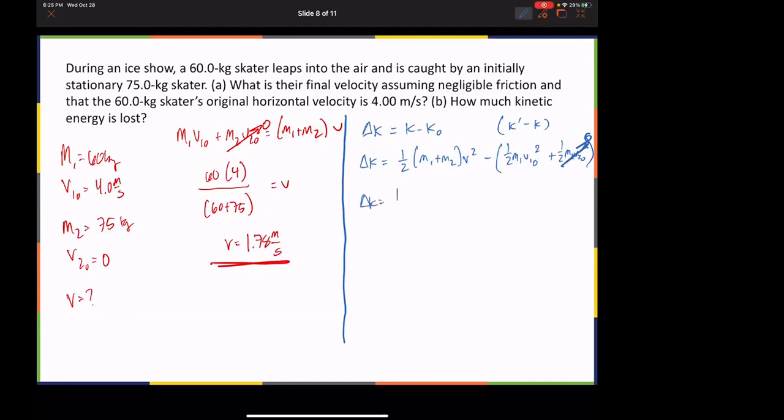Delta K equals 1/2 times (60 plus 75) times 1.78 squared, minus 1/2 times 60 times 4 squared.